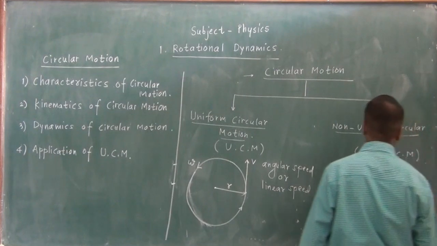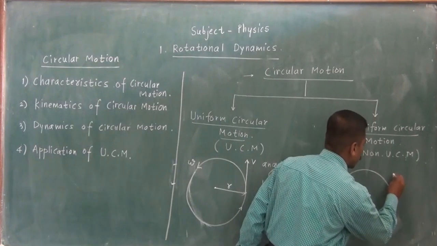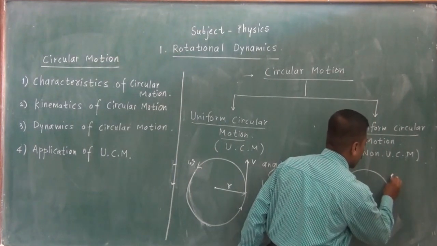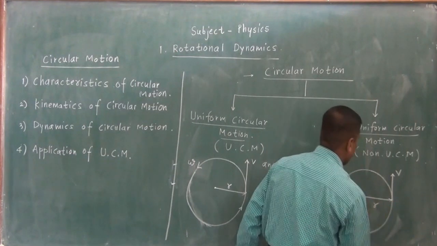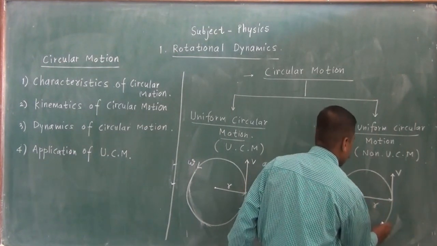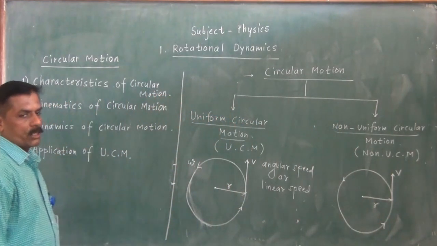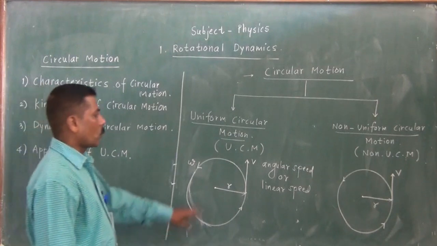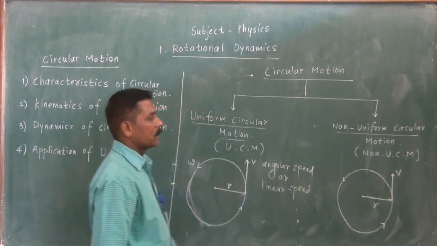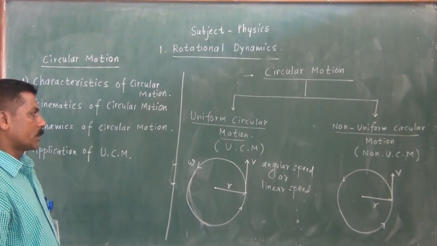So in this case also you will find the same thing. Suppose the particle is shown here, then this is the direction of the velocity, this is the direction of the radius, and suppose the particle is also moving in the anti-clockwise sense of direction. So these are the two types of circular motion: uniform circular motion, which is called UCM, and non-uniform circular motion, which is called non-UCM.